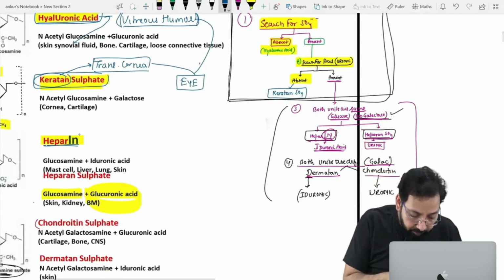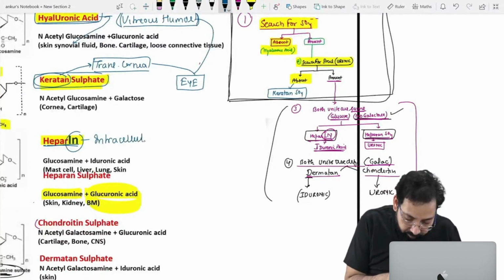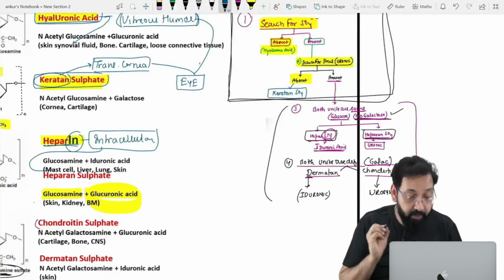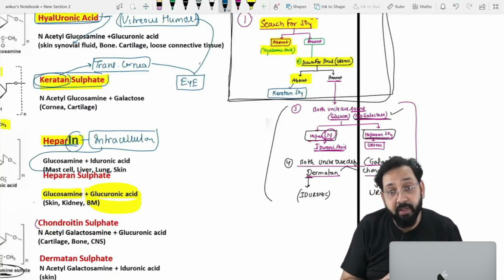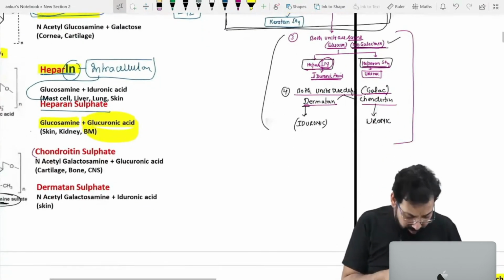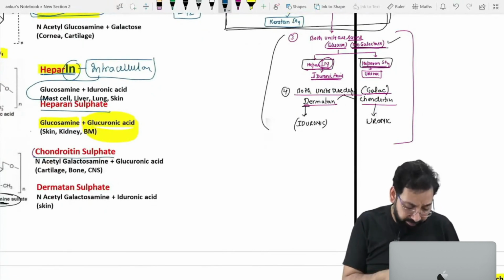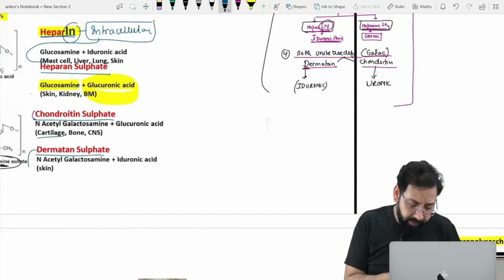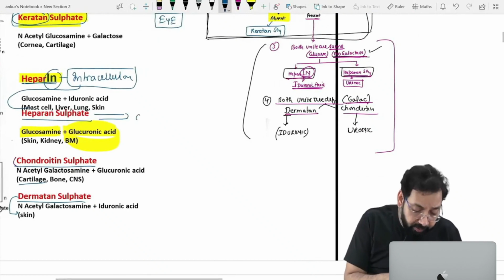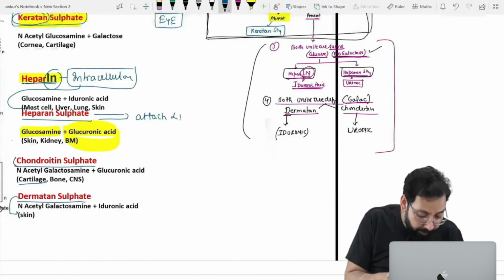Heparin is intracellular. You all know all mucopolysaccharides, heteropolysaccharides are extracellular except heparin, which is intracellular, found in mast cells. Chondroitin sulfate is in cartilage, dermatan sulfate in skin. Heparan sulfate: a question is asked, heparan sulfate attaches lipoprotein lipase at the endothelium.